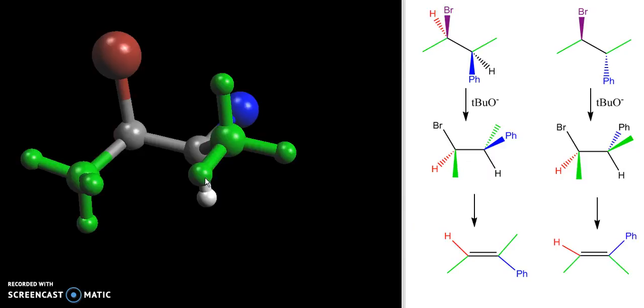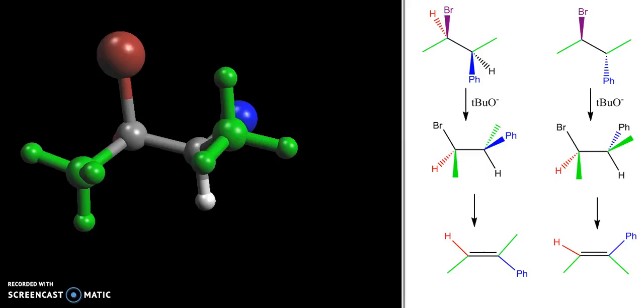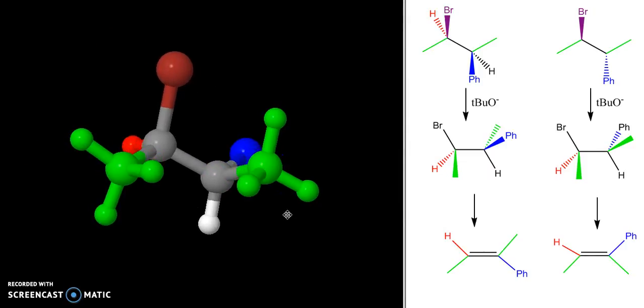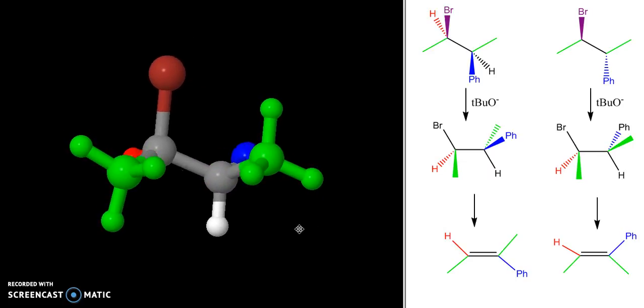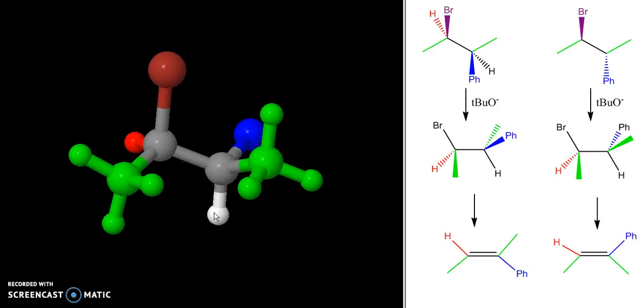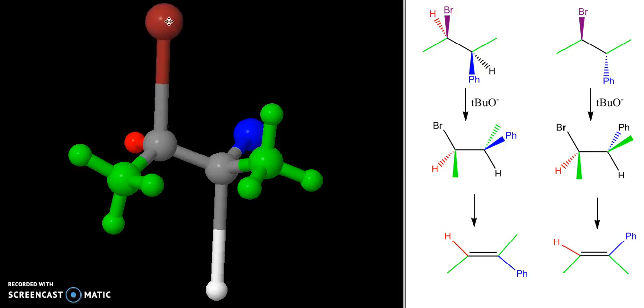We can look at this process slightly differently using a different three-dimensional modeling system, a different program. So in this model, my bromine and my hydrogen are anti and periplanar to one another. And I'm going to show this bond getting longer, this bond getting longer as those two groups leave. So my base starts taking this hydrogen, my bromine starts to leave.